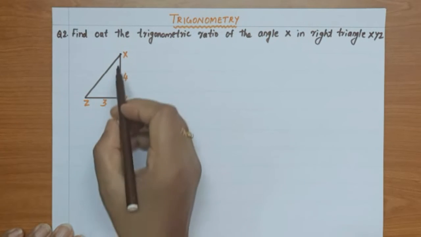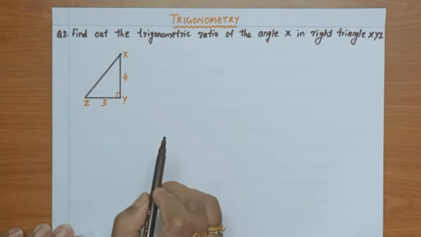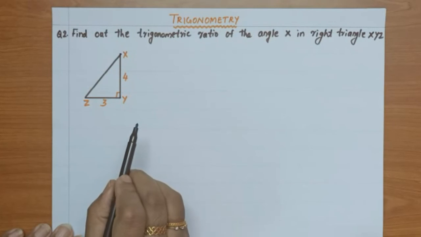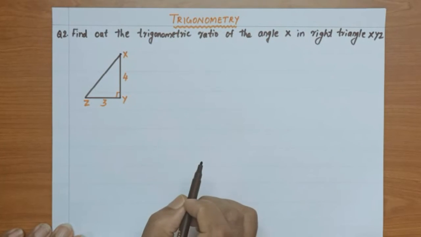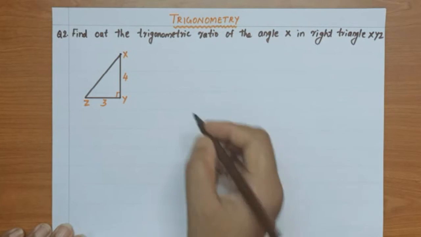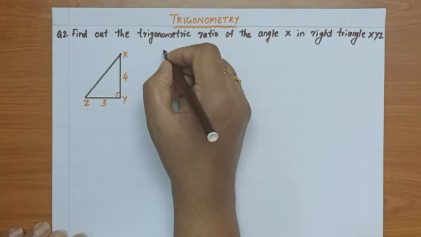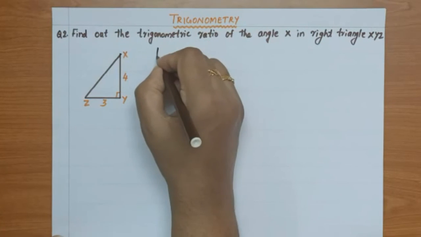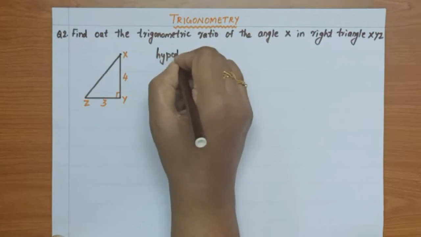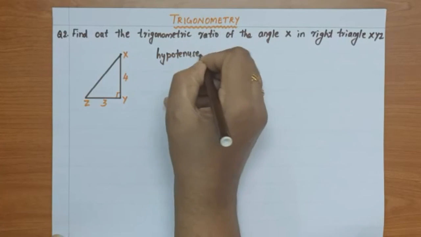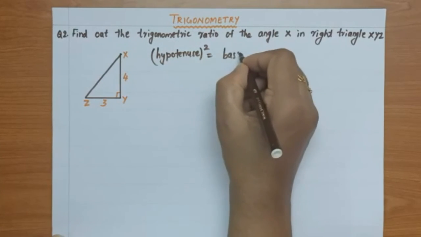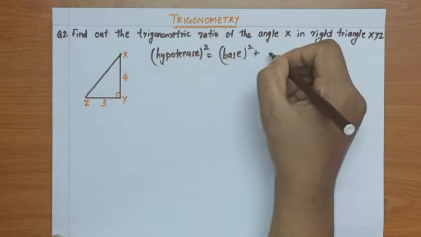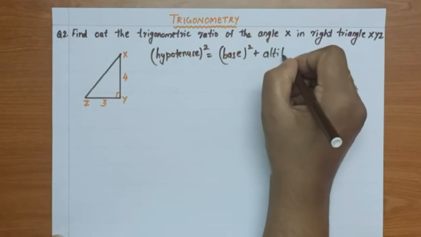So, for finding the value of XZ, we have to apply Pythagoras theorem. Then we can find out the trigonometric ratios of angle X. So, first of all, we apply the Pythagoras theorem, that is hypotenuse square equal to base square plus altitude square.